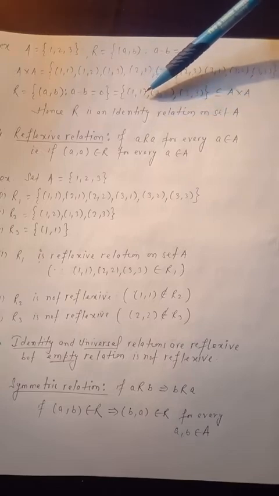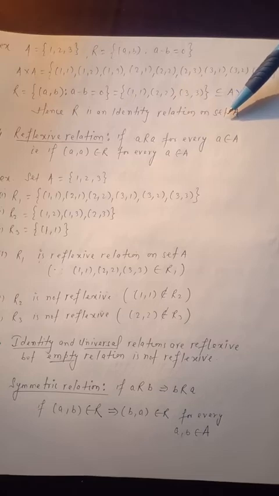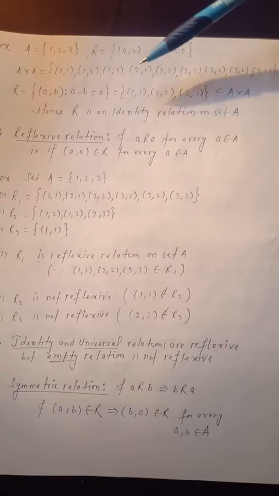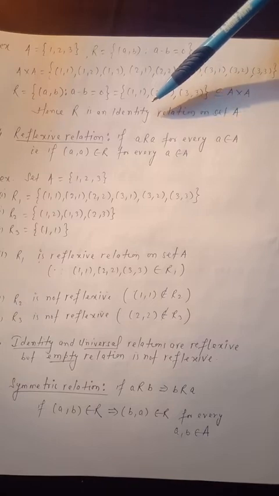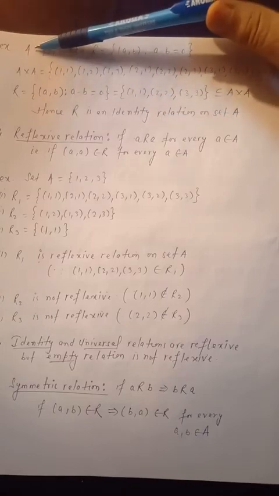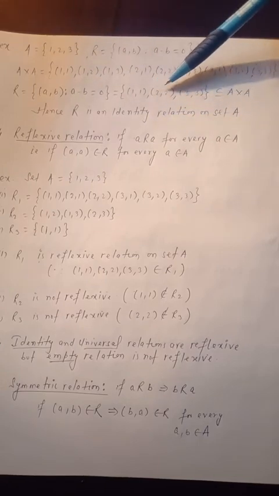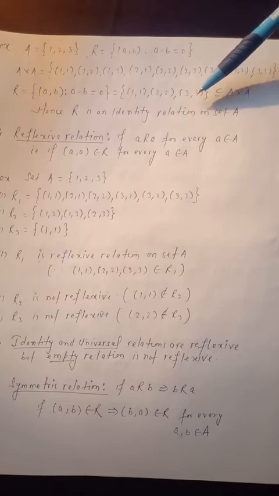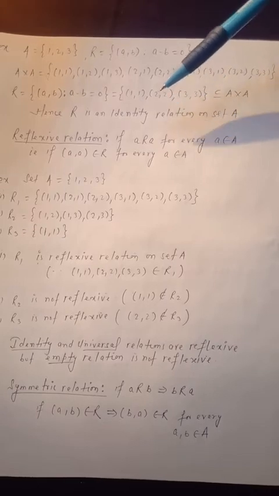So this is an example of an identity relation on set A. The condition for an identity relation is that every element of set A must be related to itself only. Therefore {(1, 1), (2, 2), (3, 3)} is an identity relation. Further, I will take more examples for clarification.